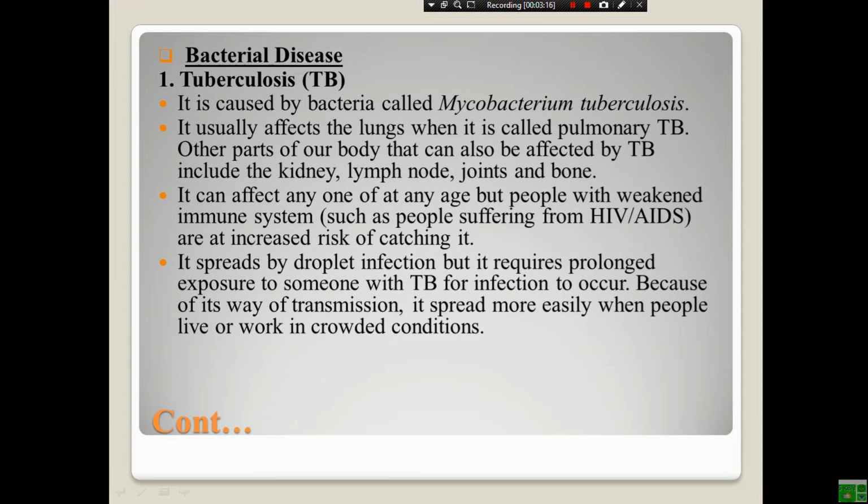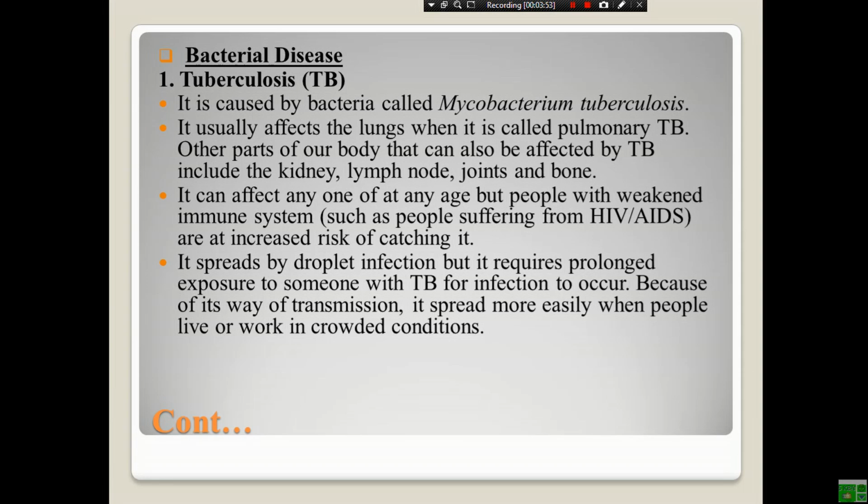Usually, this bacterial disease affects the lung, and it is named pulmonary tuberculosis because the pulmonary artery carries deoxygenated blood from the right ventricle to the lung, and from the lung again, with the help of capillaries, the oxygenated blood is carried by the pulmonary vein into the left auricle. Due to this reason, it is named pulmonary tuberculosis.